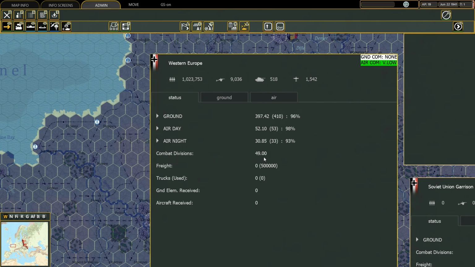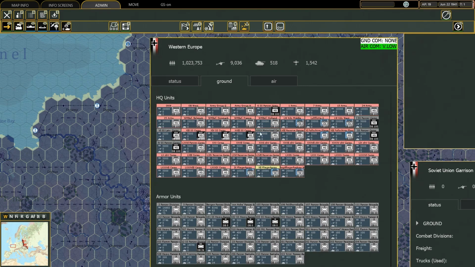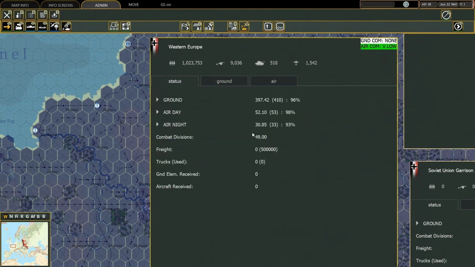Combat divisions, honestly, I did not understand what is the meaning of that, because I have more than 49 combat divisions, and this does not seem to be related to the table of organization and equipment, nor to the combat values of the units. So as soon as I find out what it means, I will pin it in the comment section here below.